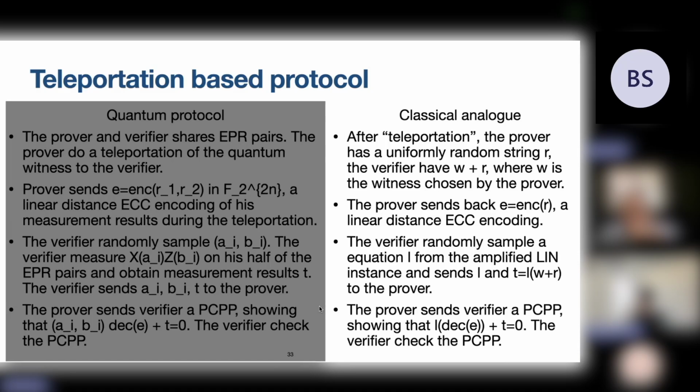If the prover sends R directly, you cannot guarantee the prover is sending you a fixed string.